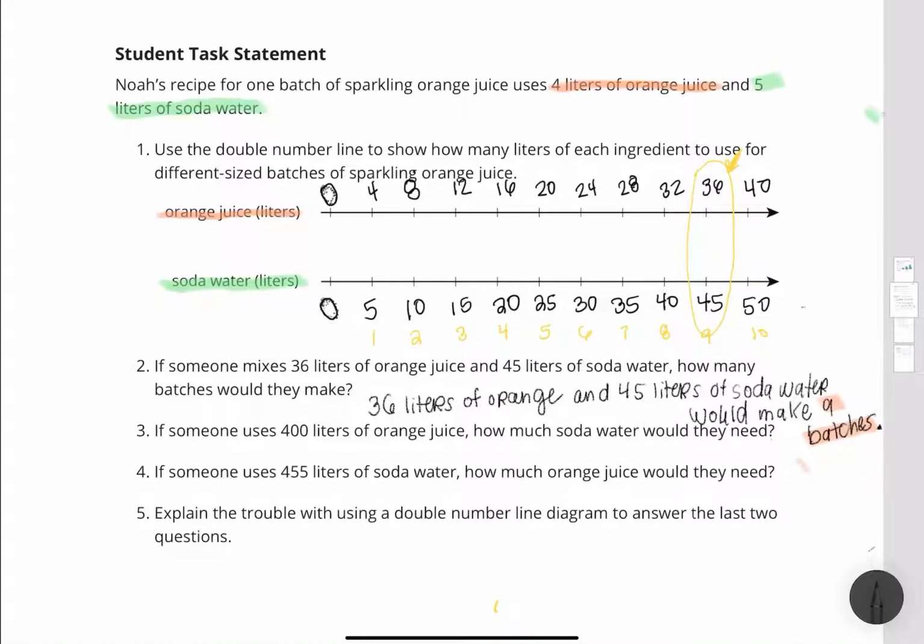So now let's look at question 3. If someone uses 400 liters of orange juice, how much soda would they need? Okay. So how could we figure this out?